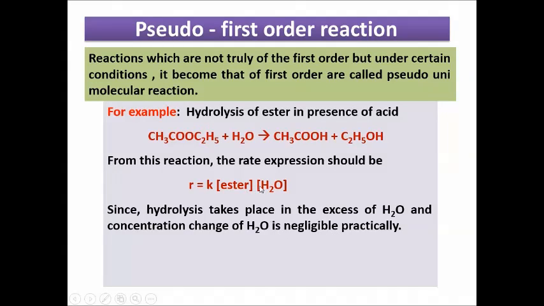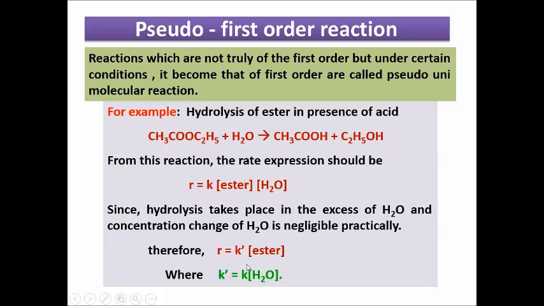So we don't need this term at all. We write that rate is equal to K dash times the molar concentration of ester only. That is, we are neglecting water. So rate is equal to K dash ester. What is that K dash? K dash is K into water.